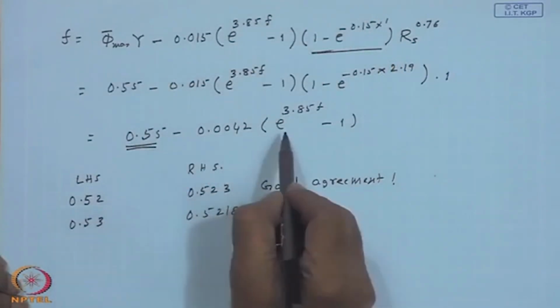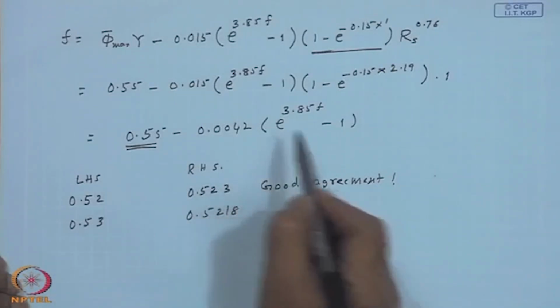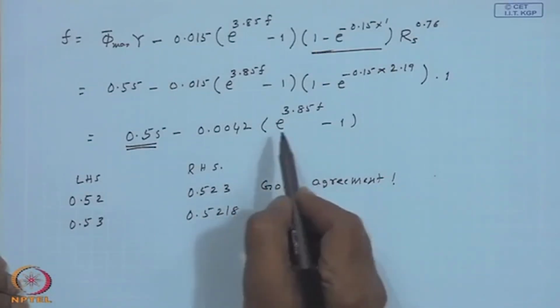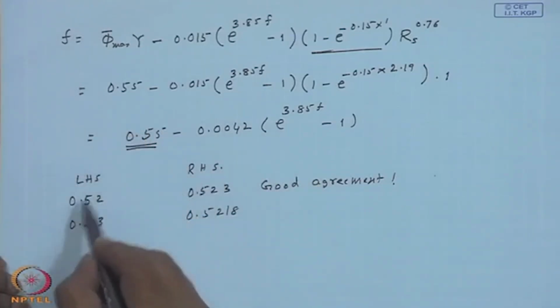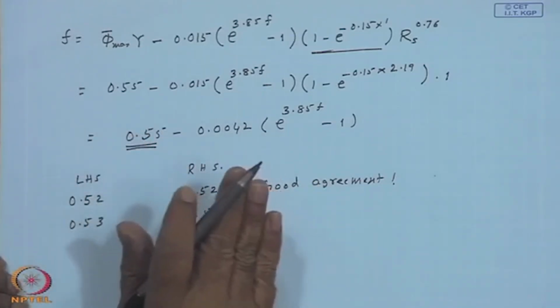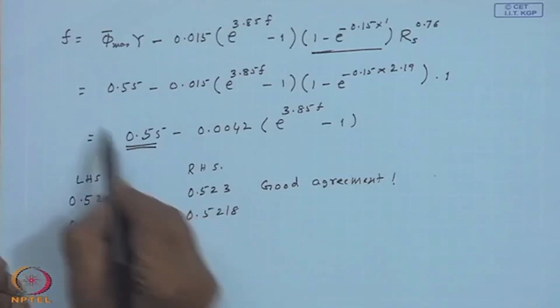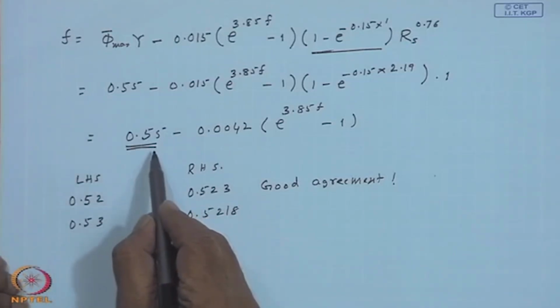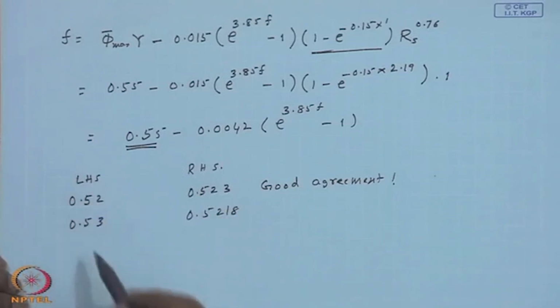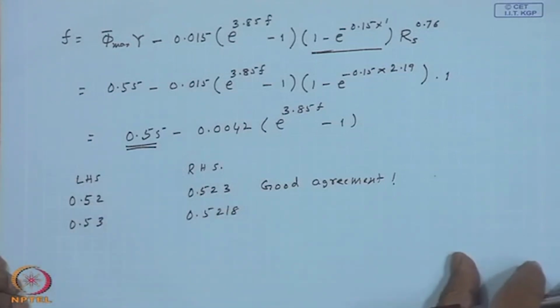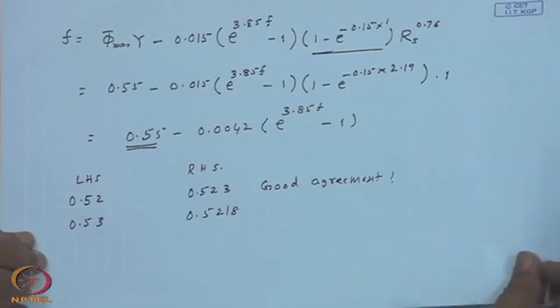It is only just if you have the calculator, particularly if you have a programmable calculator. Even if you have no idea, except that it will be nice if you have the idea that f will be less than this phi bar max y, and particularly f should be less than 1, then the iteration is not a difficult thing. It does not take more than 5 minutes.